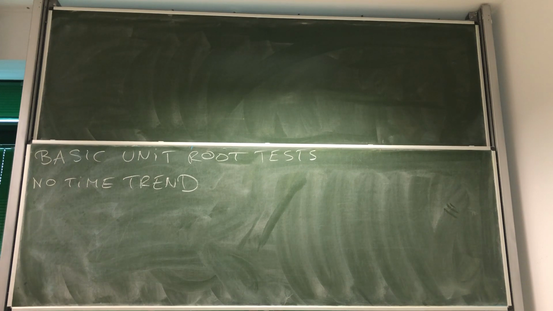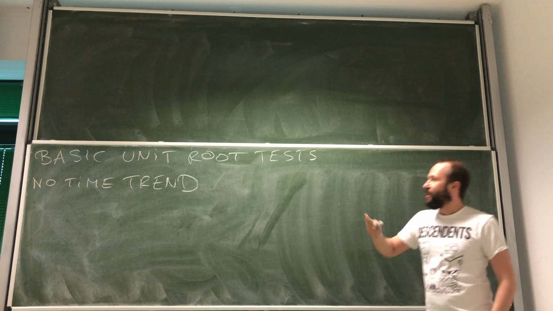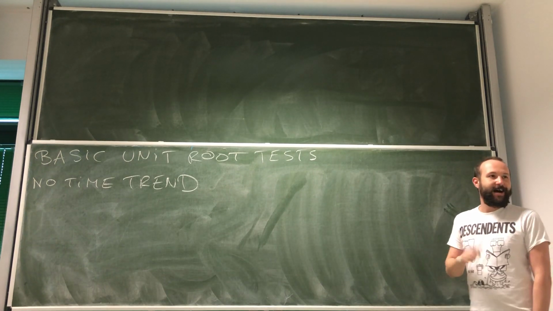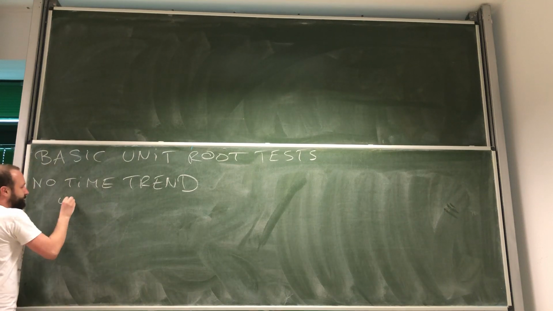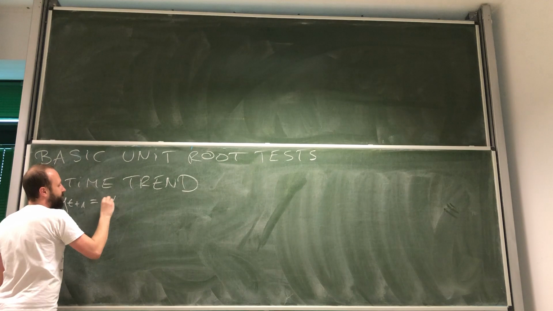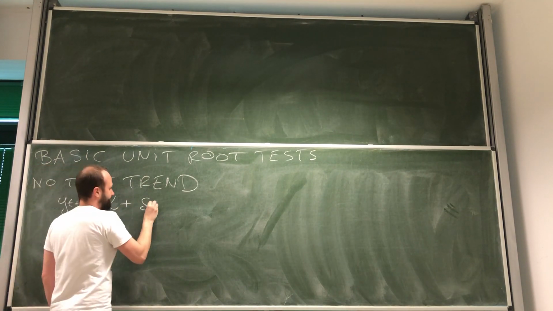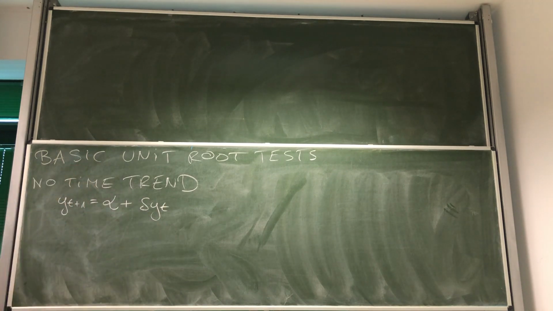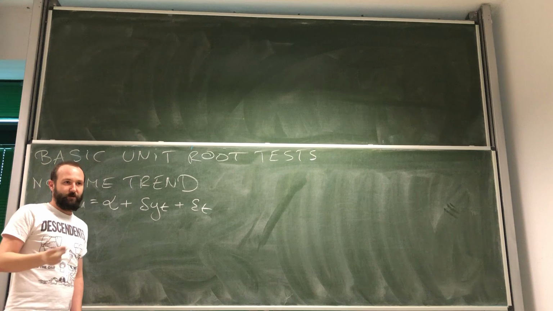We are assuming that the time series we are analyzing can be written as y_{t+1} equals some alpha plus delta y_t, and of course, a random disturbance.